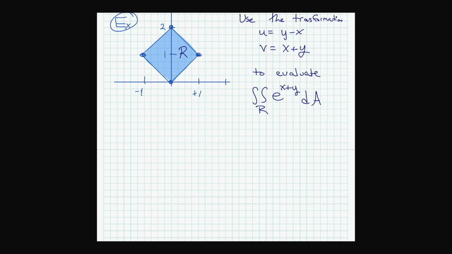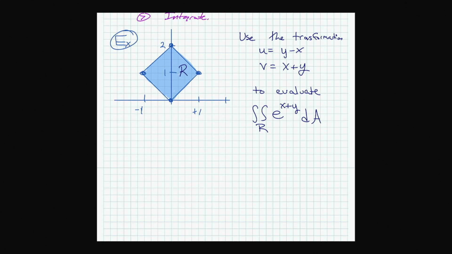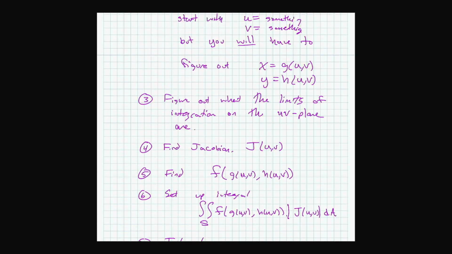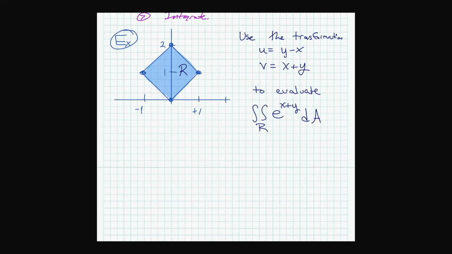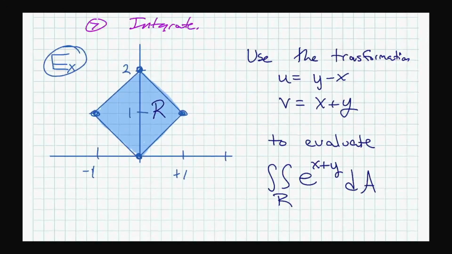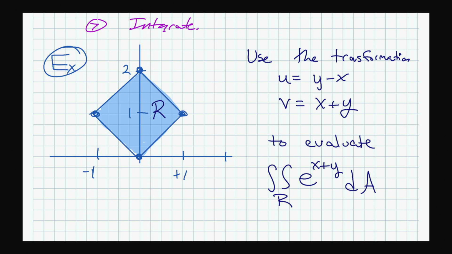What else can I say about this before we get started? You'll notice that it says use the transformation, and it's u equals, v equals. That's exactly what I was talking about when I said often you'll start with u equals something, v equals something. Also, they do label the sides of this, so I will label the sides as well.